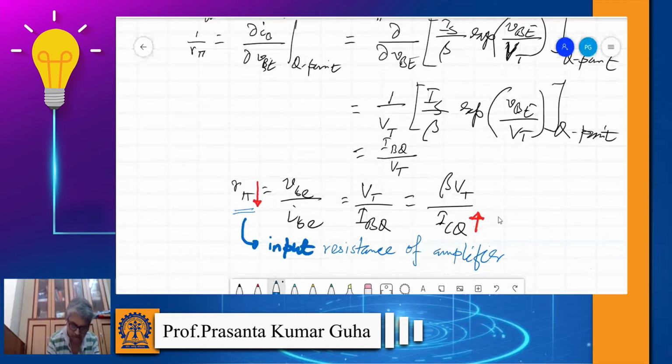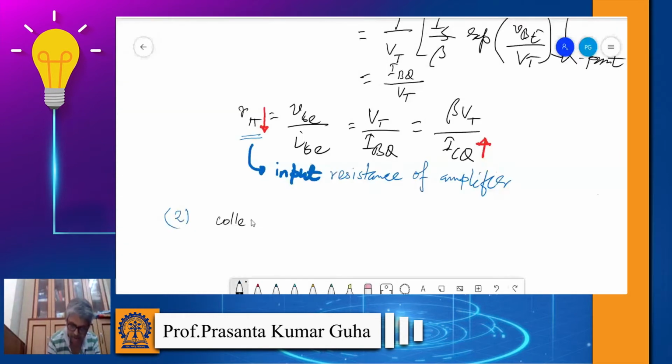What are the others? The other one is, we know that collector current basically depends on exponential VB over VT, right?